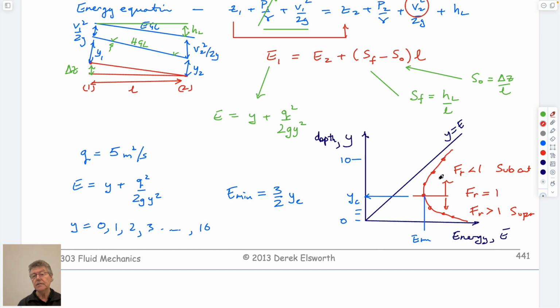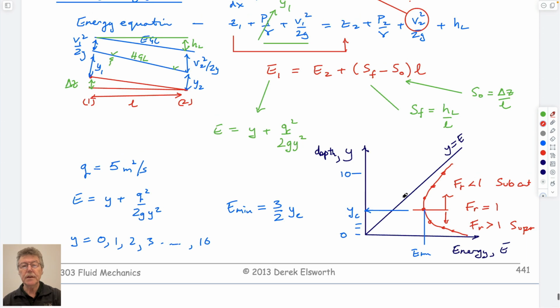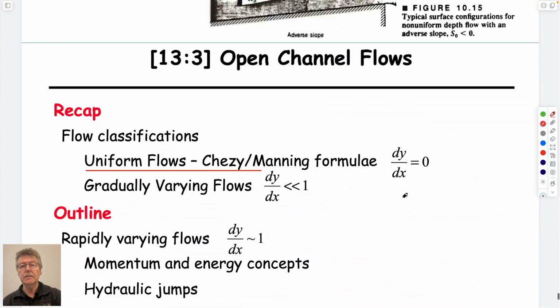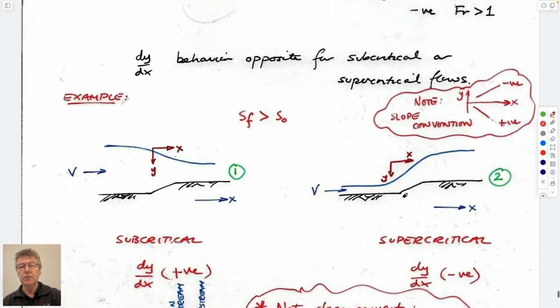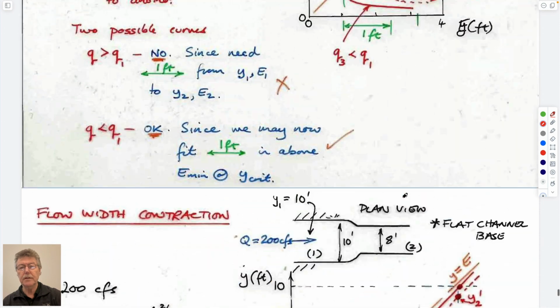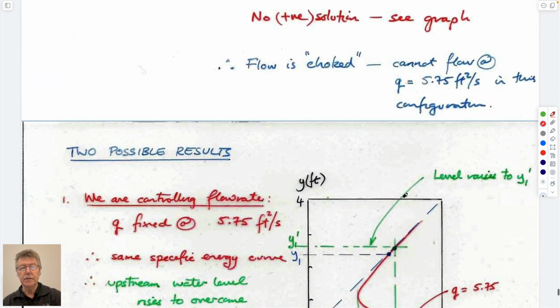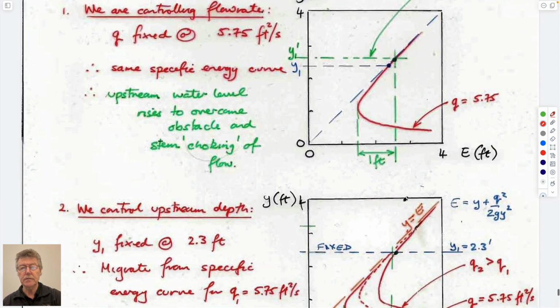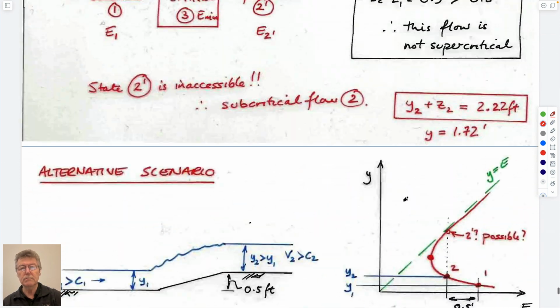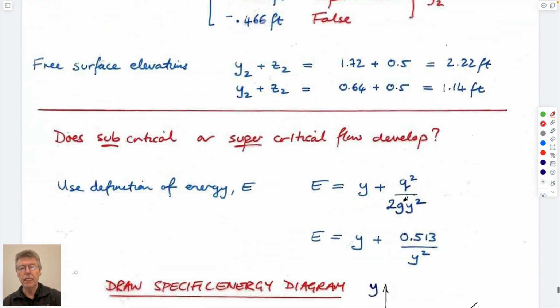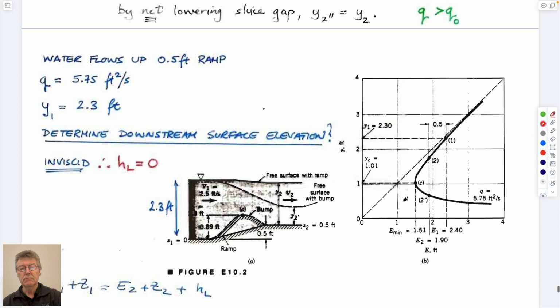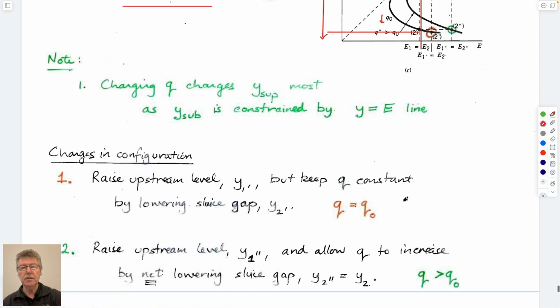And then you can use this to play around and determine what flow regimes you'd find yourself in. We kind of skipped over that last time, but let's go back a little bit. We don't need to talk about everything in here. Let's do this one and this one.